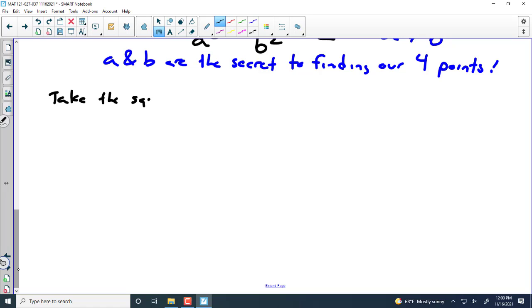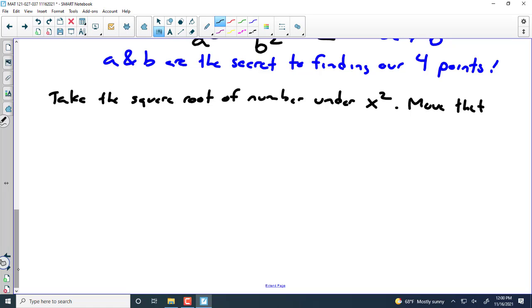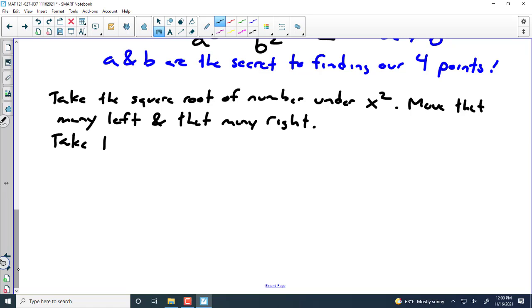Take the square root of the number under X squared. Move that many left and that many right. Take the square root of the number under Y squared.